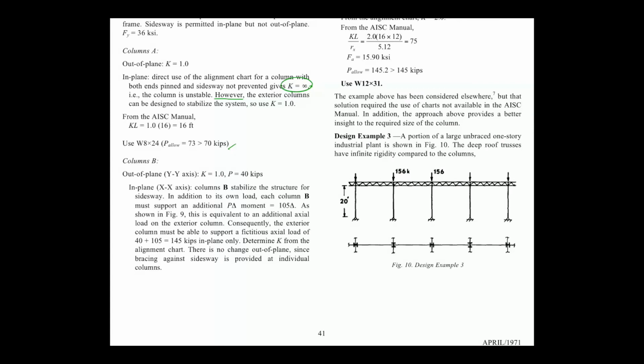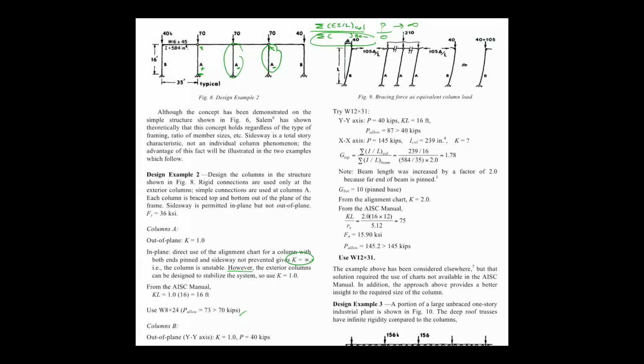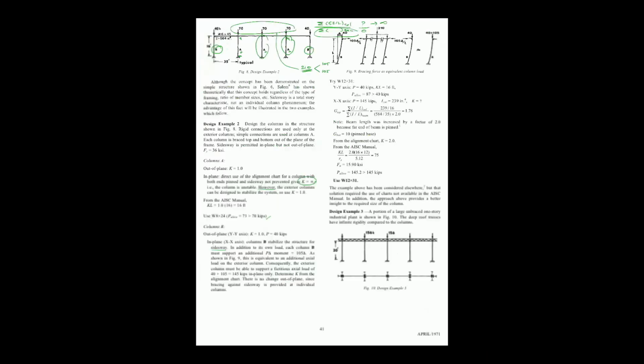Column B stabilizes the structure for side sway in addition to its own load. Each column B must support additional P delta moment, which is 105 delta. 105 comes from triple of 70, which is 210, and the B columns on the sides are identical, so they take the same contribution to stabilize column A. So it breaks down into 105 and 105.